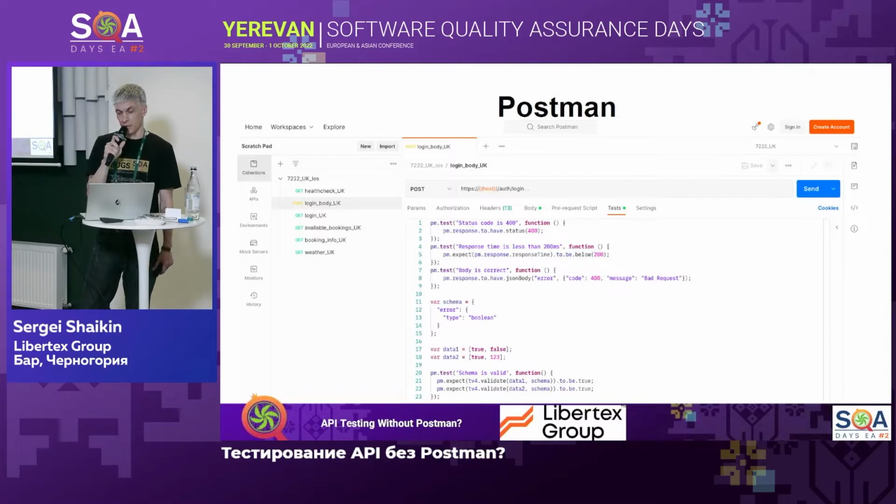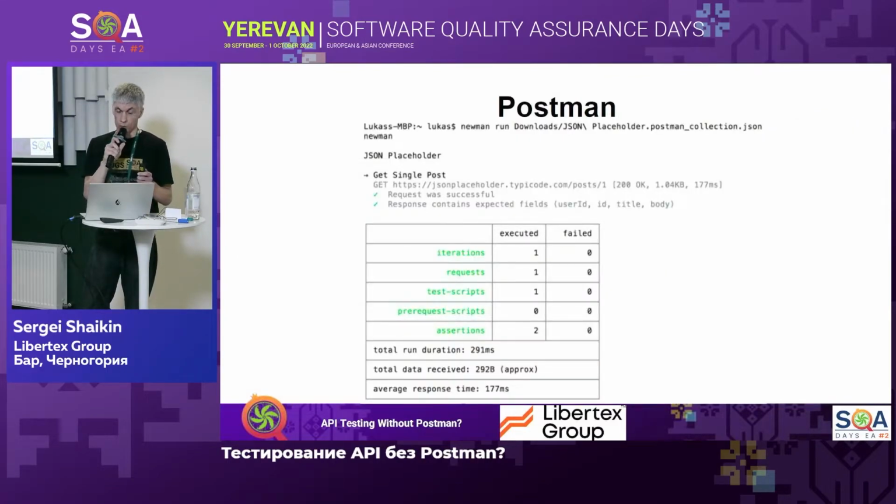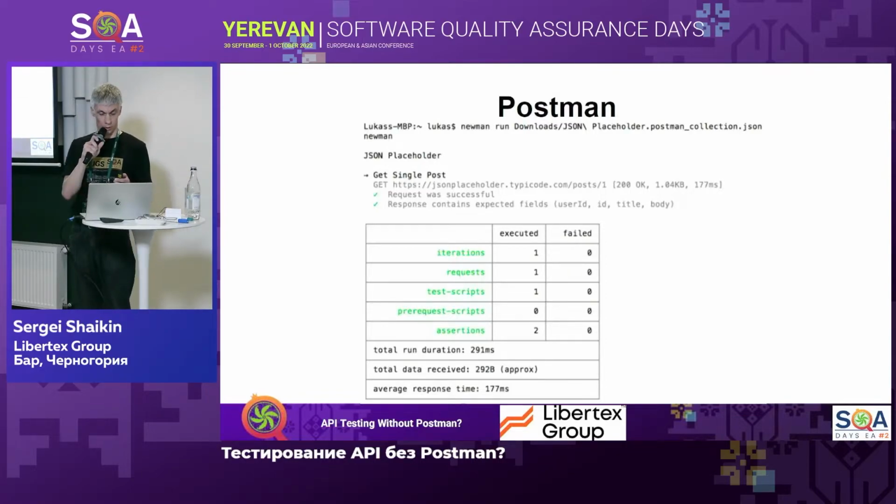That's why I think Postman is very great, but has some cons, which I will mention in the next slides. Of course, Postman has the possibility to run your collection with Newman automation, and it's very useful if you try load testing, maybe performance, and so on.